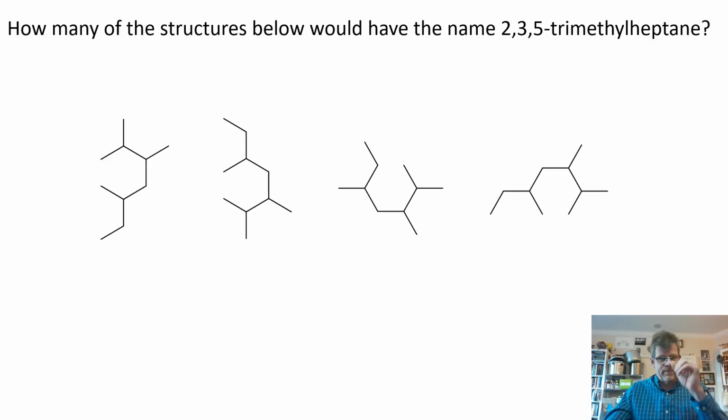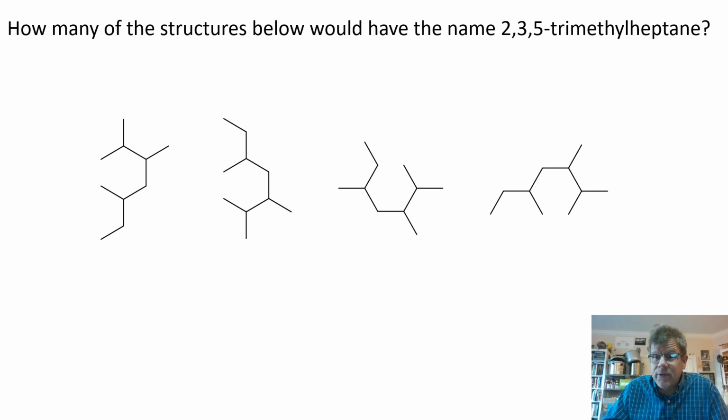Here's another one. In this case, how many of the structures below would have the name 2,3,5-trimethylheptane? Notice in that name you don't actually say the commas. It's just 2, 3, 5 trimethylheptane. And in this case, wow, this is a little bit of a tricky one.